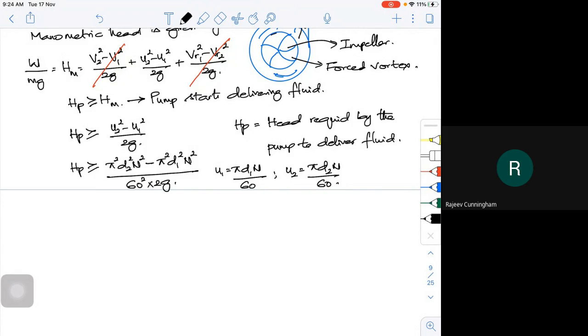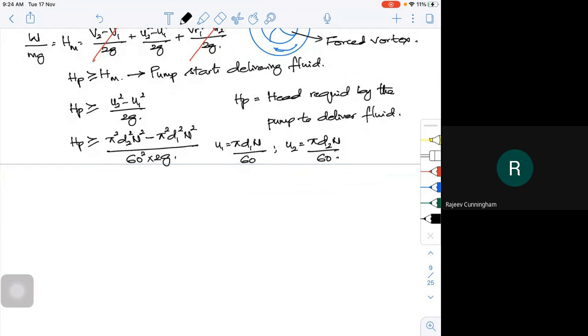So now, what is required actually? I am looking at the value of n. n is the speed with which the pump has to develop. Now, for n equal to n minimum, that is the minimum speed required.